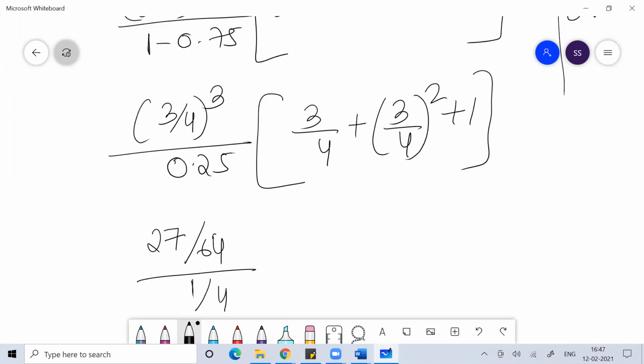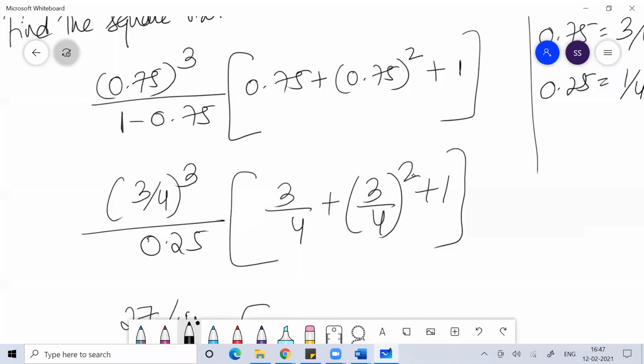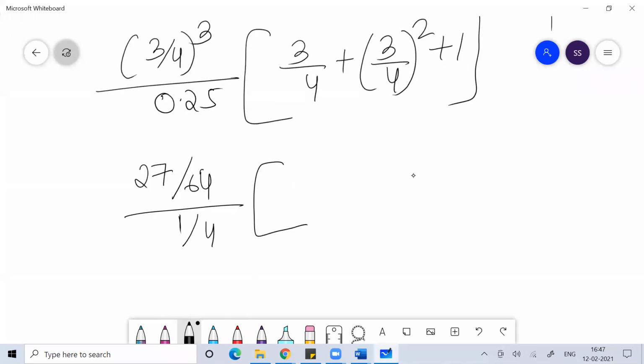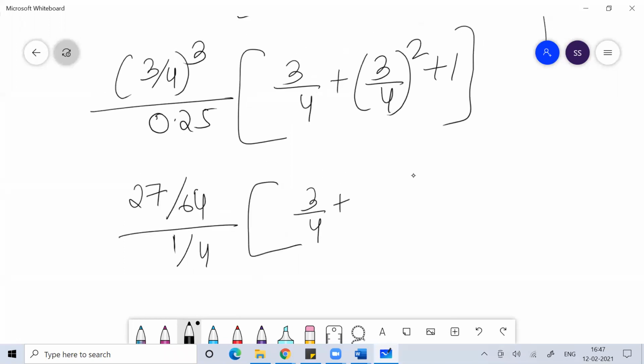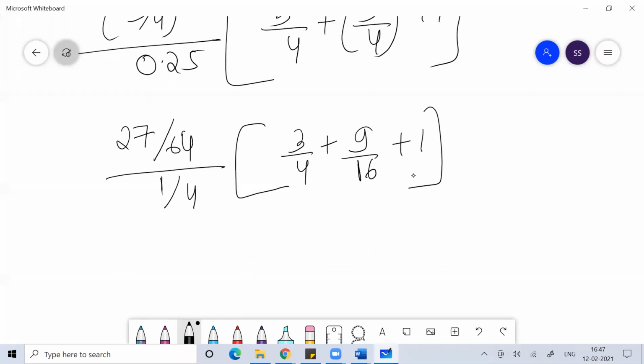This is 1 by 4. So this is 3 by 4 plus 9 by 16 plus 1. I can solve this: I can write the first part as 27 by 16.